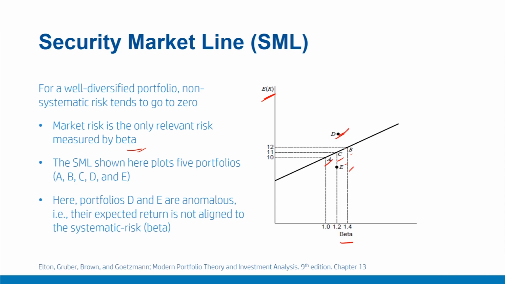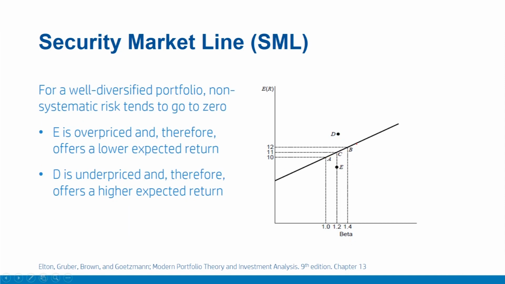D is above the SML and E is below the SML, so they are not aligned to this SML line. E, clearly shown here, is below the SML, so it is overpriced and therefore offers a lower expected return, while D is underpriced and offers a higher expected return.